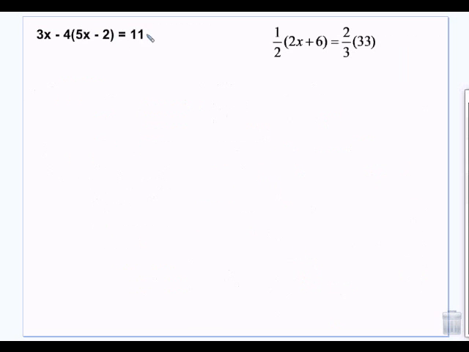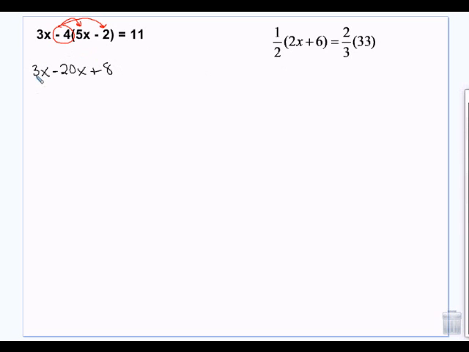Next example. We've got stuff to do over here, and then we have 11. So we're just going to work this one side. I'm going to distribute this negative 4. So I have 3x minus 20x plus 8. You don't have to write the equals yet.